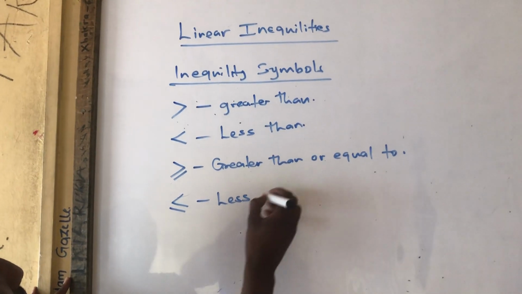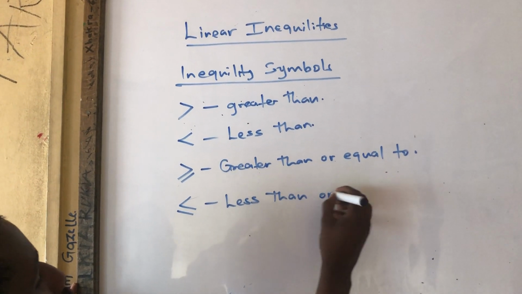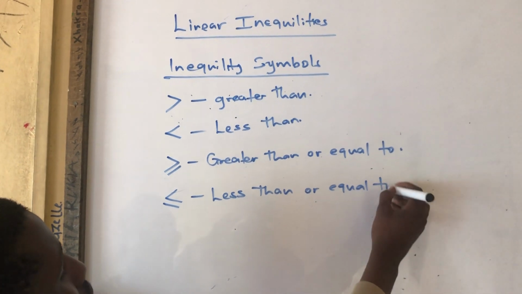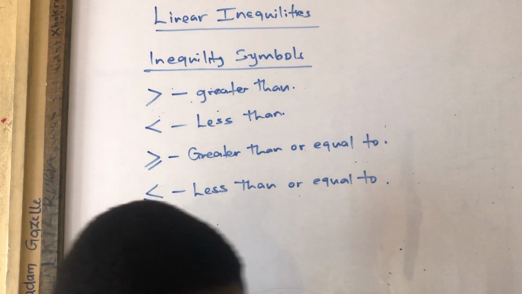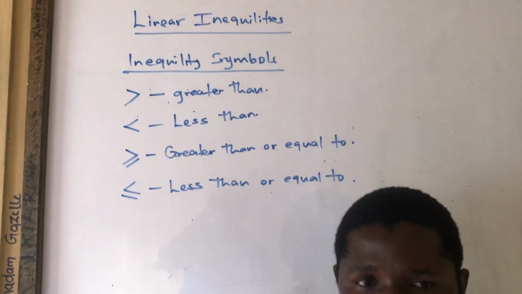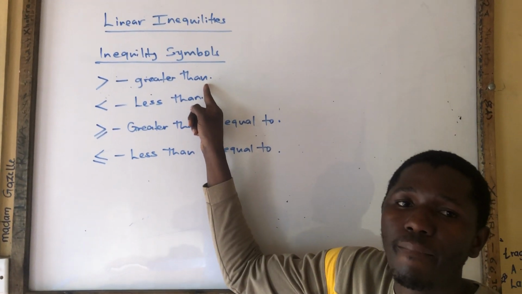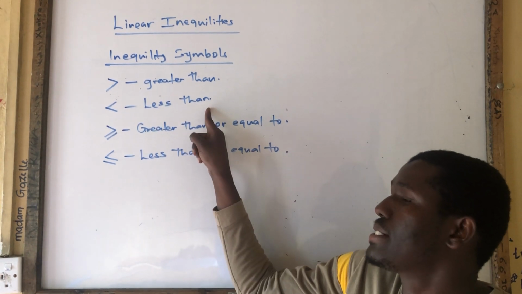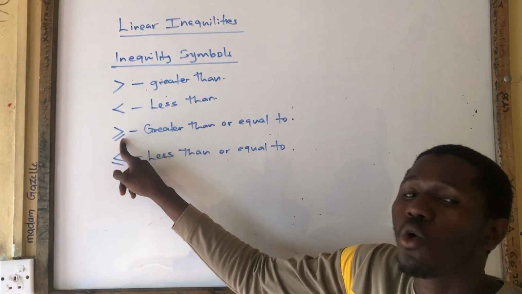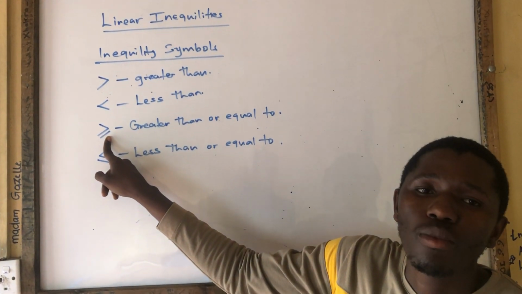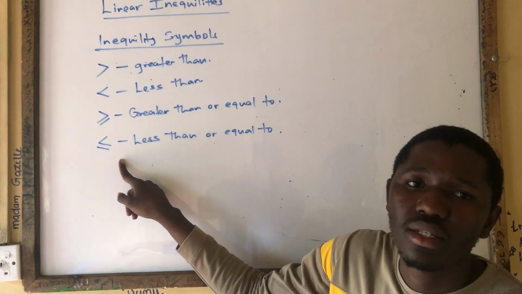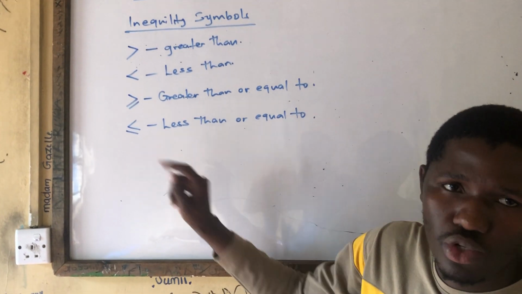It is less than or equal to. These are the 4 inequality symbols. Greater than, less than, greater than or equal to, then we have got less than or equal to.